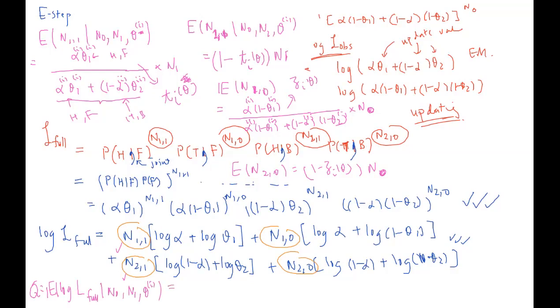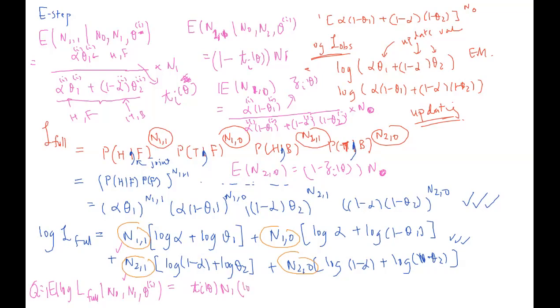So this will be the N11. So the conditional expectation is this one. So you have T_i theta and 1. Okay.